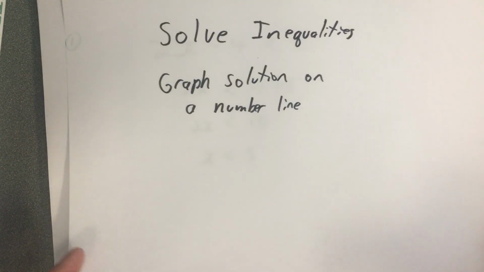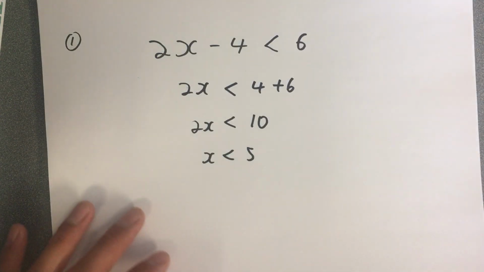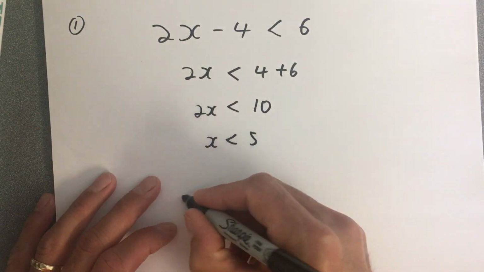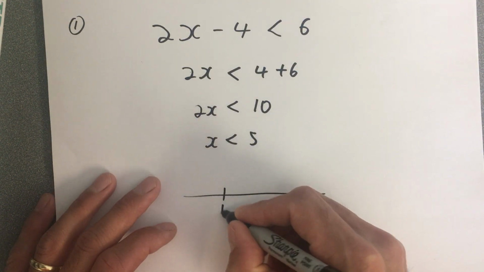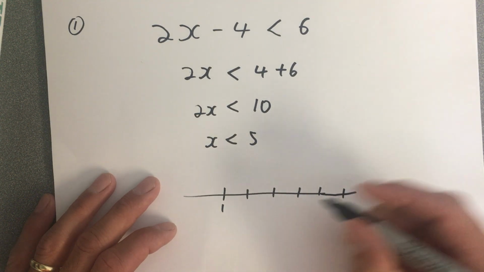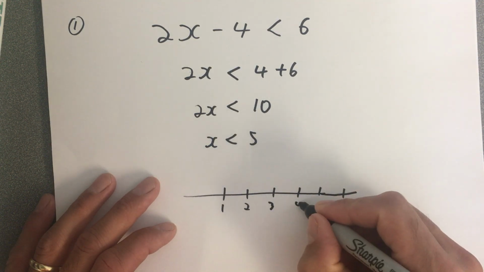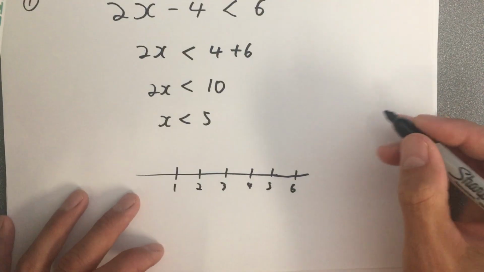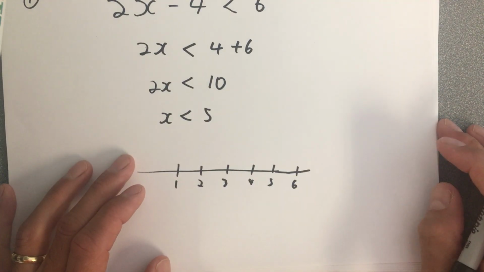Now to graph this solution on a number line, x is less than 5. So my number line, I can go 1, 2, 3, 4, 5, 6. Okay, now where is x strictly less than 5?